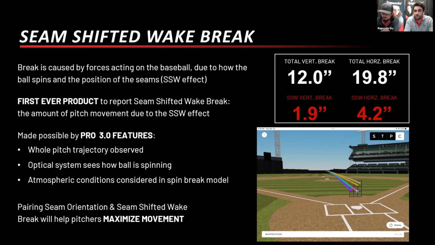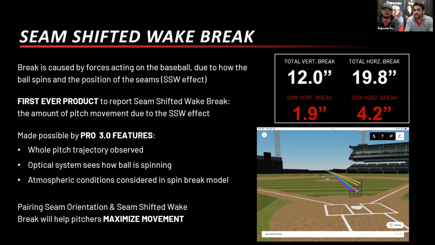Yeah. So Brian just alluded to it. The key elements that we're going to be adding into that spin break model are the elevation, the temperature, the pressure, and the relative humidity. And all of these things you can find in any weather app or just a quick Google search.